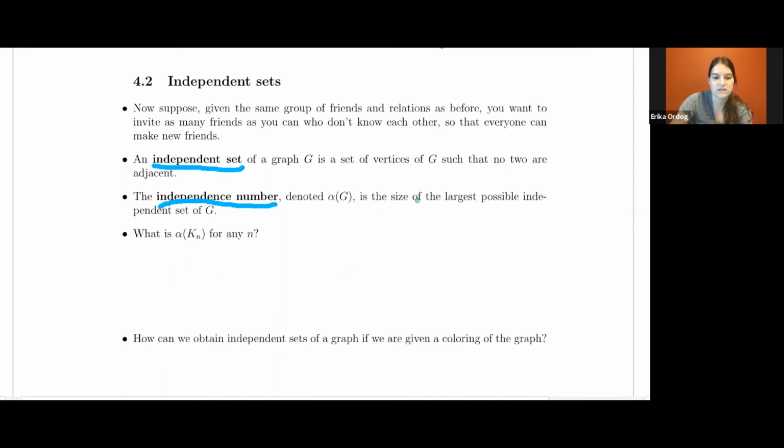Okay, so we're looking for the size of the largest possible set of vertices such that no two are adjacent. Well, what does the complete graph have to do with adjacency? Each pair of vertices is adjacent, so if you take any set of two vertices, they're going to be adjacent to each other, so they don't form an independent set.